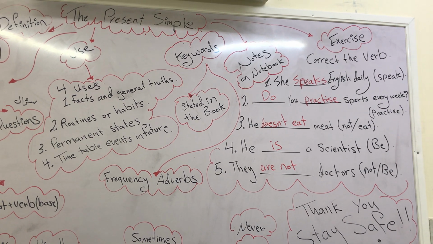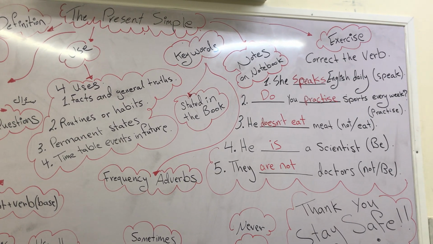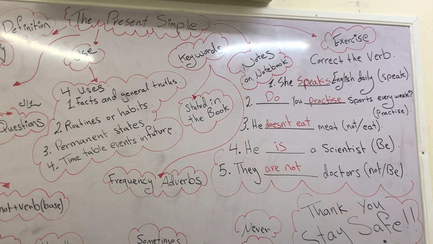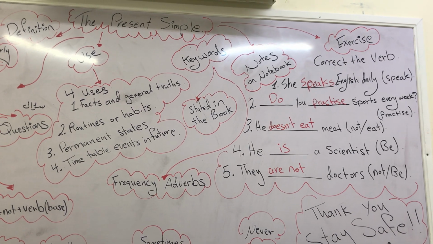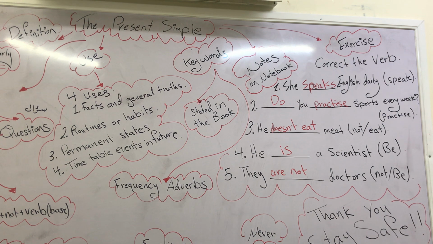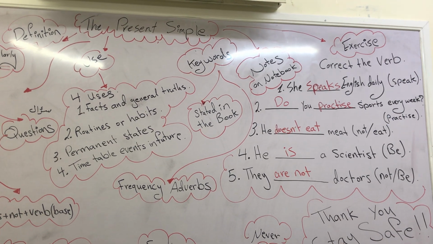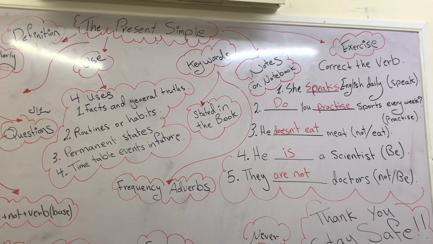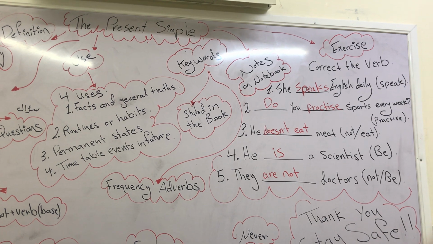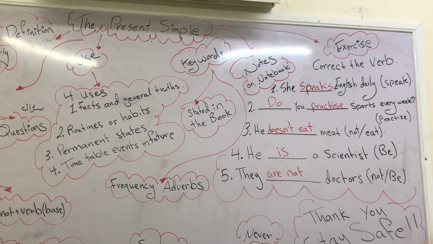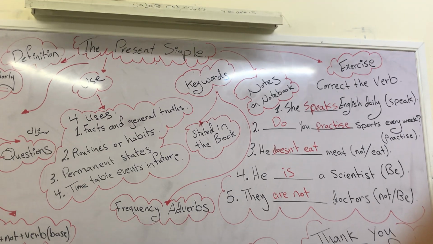Sentence number 5, they doctors, and I have the verb be, and it's in the negative because I have not. So the answer for sentence number 5 is they are not doctors.